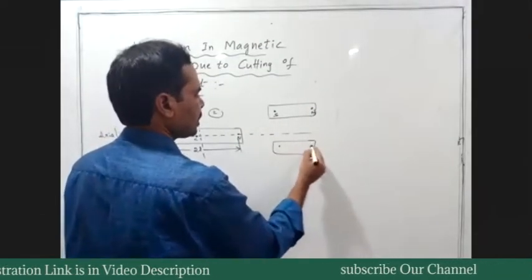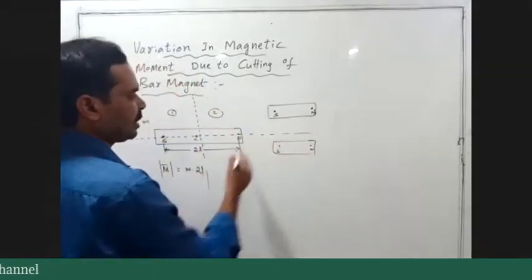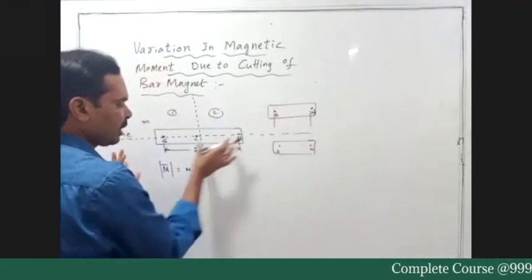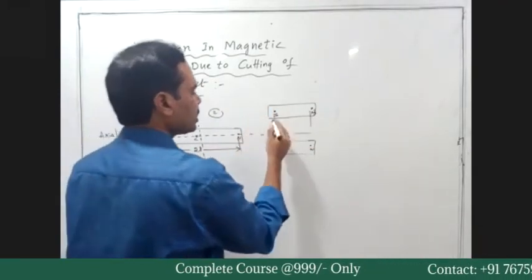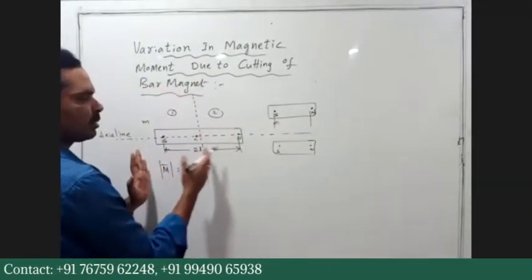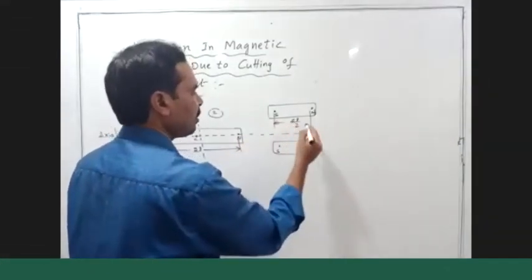The pole strengths are the same, but the length changes. Each is now a small magnet compared with the original one. What is its length? The total length 2L is divided into two parts, so this length is half of the total, 2L by 2.